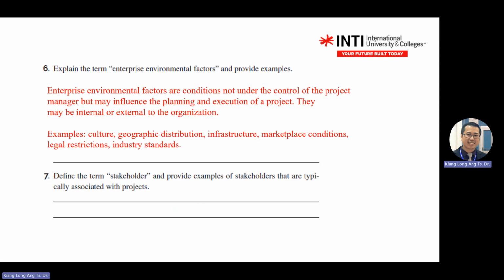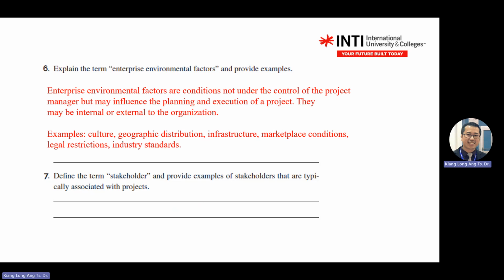Someone who is involved in the project and might influence the results of the project. Someone involved, and then someone who can affect the results of the project, positively or negatively. I'll check back, chapter 2 has one question about this. And then give some examples of stakeholders.